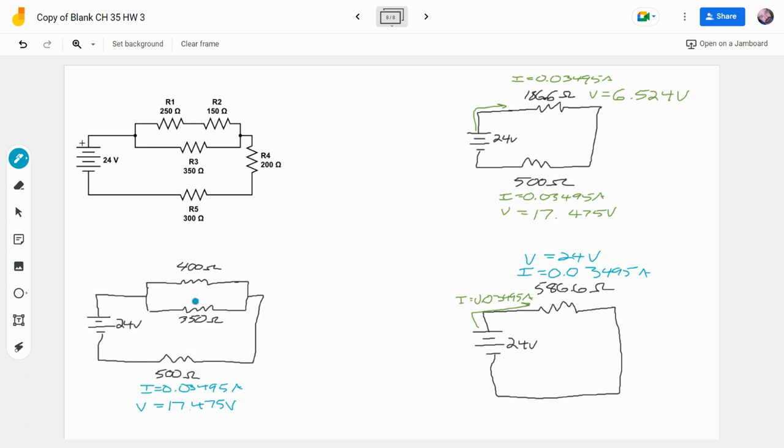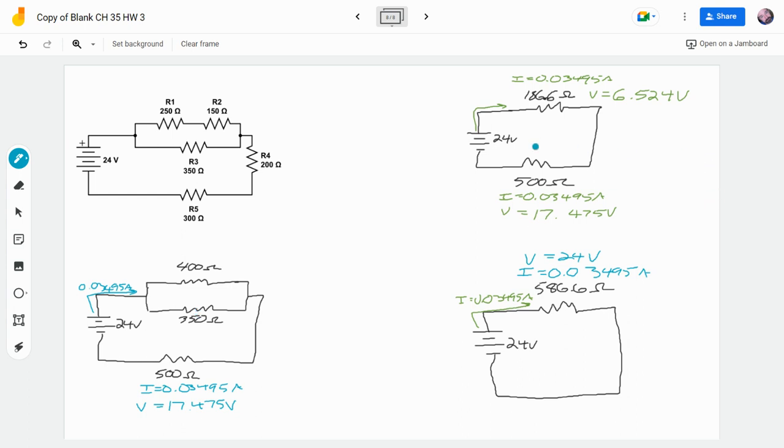What's going on up here? Do I know the current going through each of these branches, or do I know the voltage across this whole thing? Well, we still have 0.03495 amps coming here, but it's going to split. So I don't actually know the current going through the top branch with the 400 ohms or the bottom branch with the 350 ohms. I know that they'll add up to 0.03495 amps, but I don't know what either one of them is.